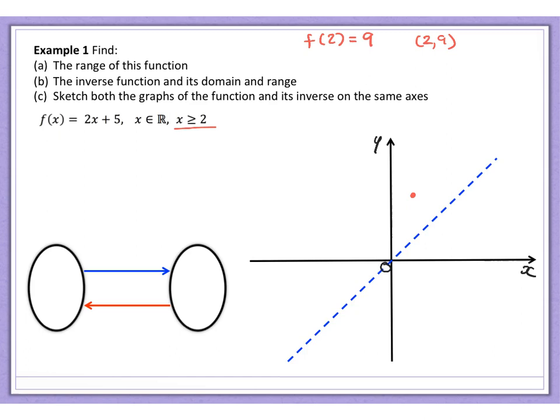It's a filled-in circle, a closed circle, because we are including that point, and it's simply a straight line with a gradient of 2, so it would look perhaps something like this. So there's the graph y equals f of x. So the range of this function is y, or you could write f of x, is greater than or equal to 9.